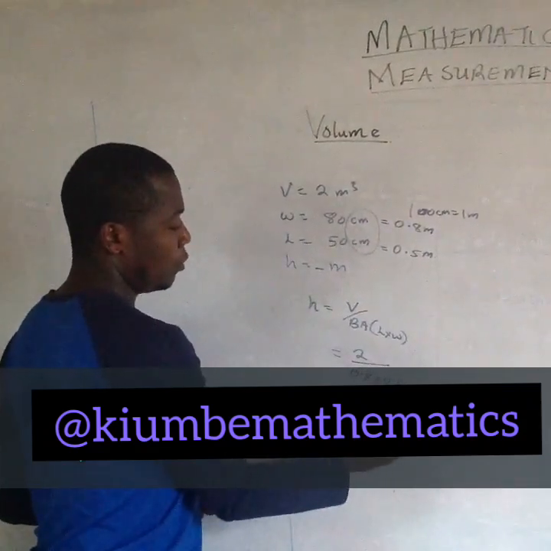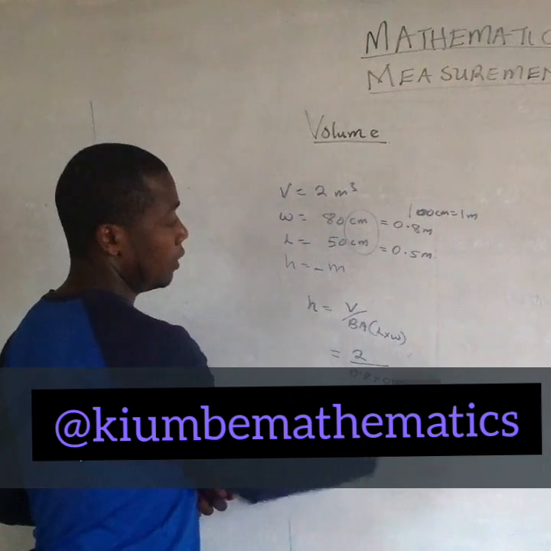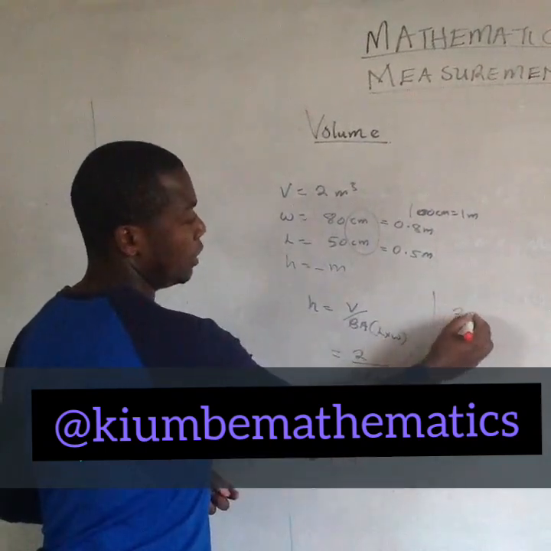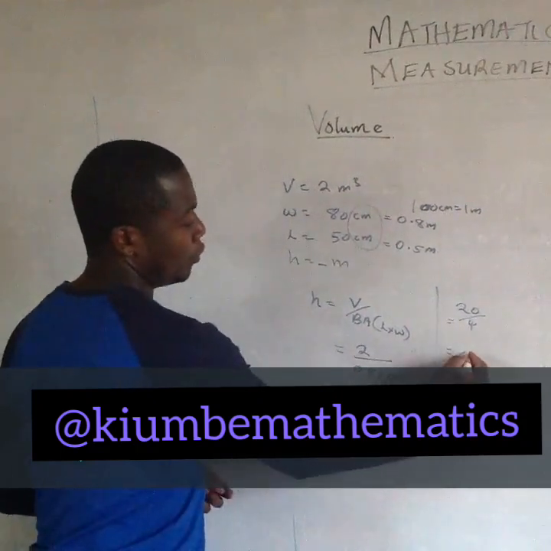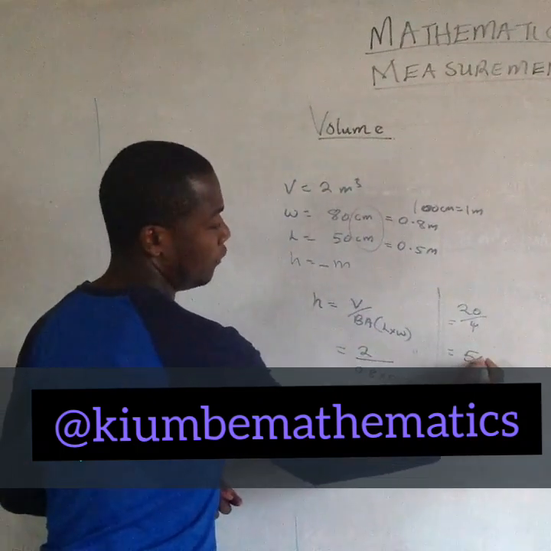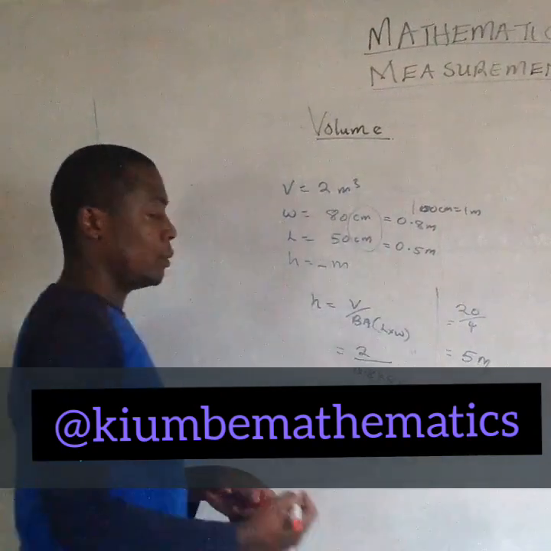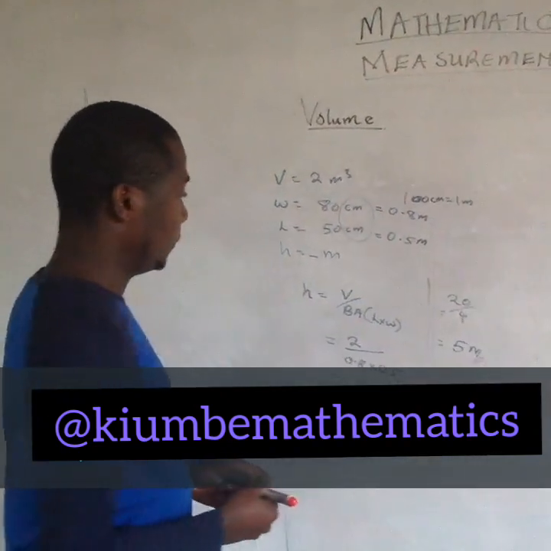So to divide this one, we multiply by 10 times 10. Then we'll have an answer as 20 divided by 4. When the decimals are removed, 20 divided by 4 is equal to 5 meters, which is our answer. So the height here is 5 meters.